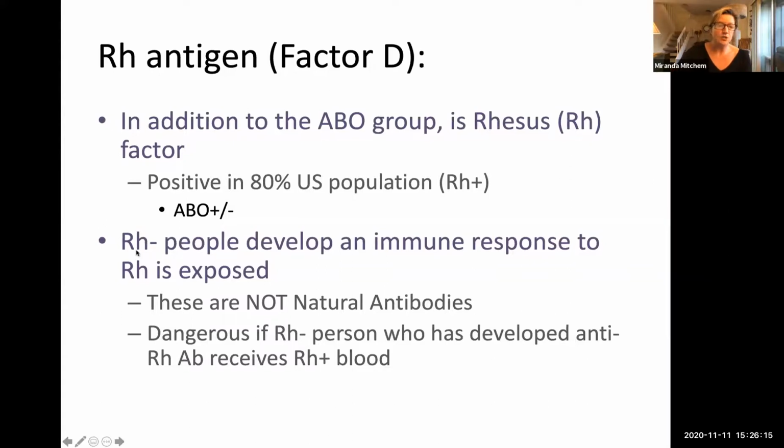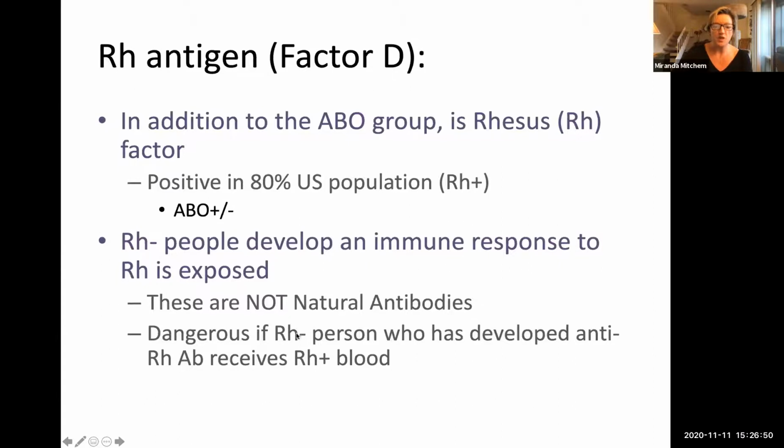But people that do not have this antigen, the Rh negative people, they are at risk of developing an immune response if they are exposed to an Rh positive person. Well, that's pretty similar with the type A and type B blood as well. But where this does become a problem, and why it is dangerous, is during pregnancy, if the mother and the baby have a different compatibility between their Rh.